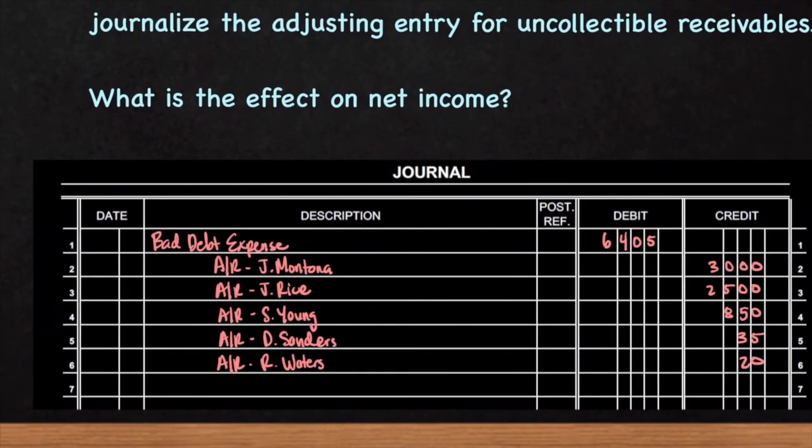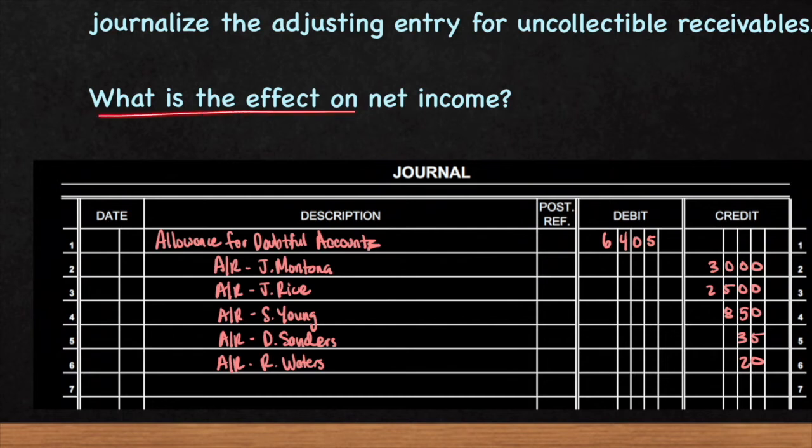So the only difference between the two is your debit. So you're going to erase the bad debt expense and instead debit allowance for doubtful accounts, an account that was set up before the start of the period for potential bad debt from customers.